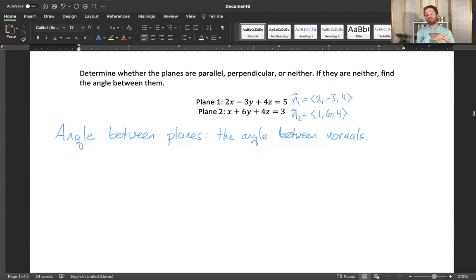Now we're going to reach back into the toolbox to say, how can you determine the angle between not two planes, but two vectors? Because that's what we've reduced the question to. The angle between two vectors can be calculated using the dot product between them.